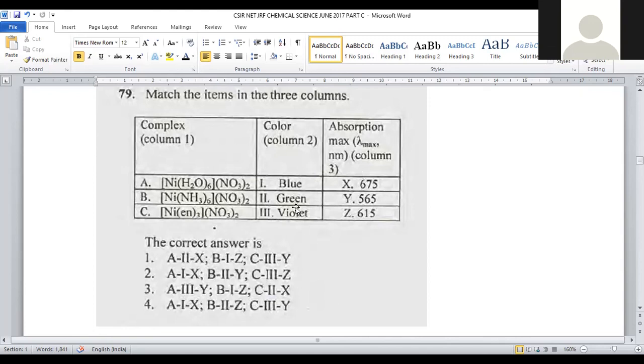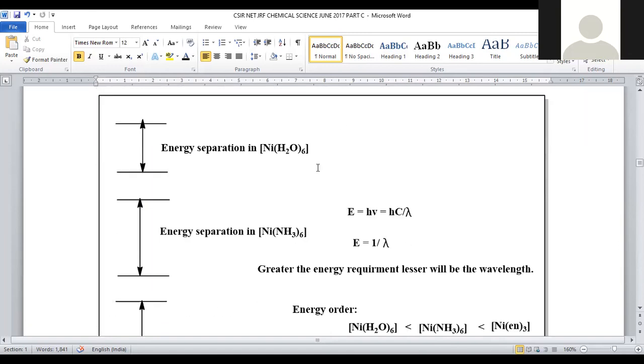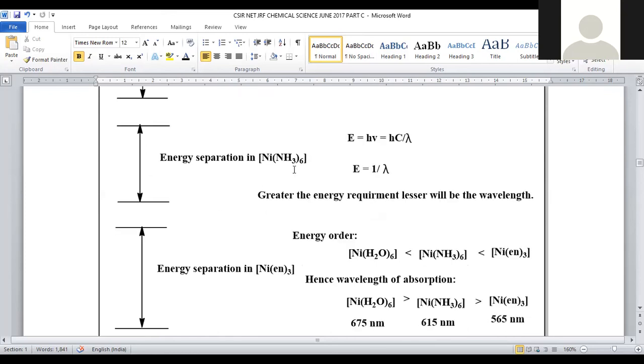In order to explain this factor, we have the energy separation between ground level and excited level. Let us see. When the nickel hexaaqua complex is taken, the d-d transition energy distance will be very low. So electrons are conveniently excited from ground level to excited level because the energy gap is very small. In case of the nickel hexaammine complex, it contains a moderate amount of energy transition.